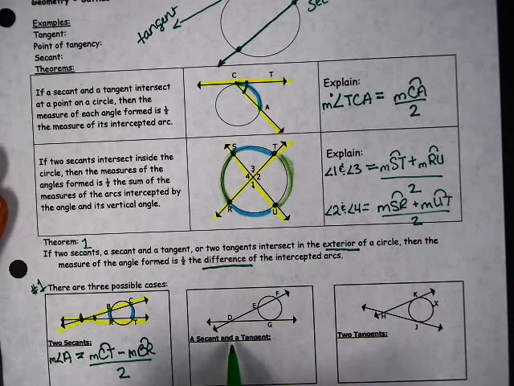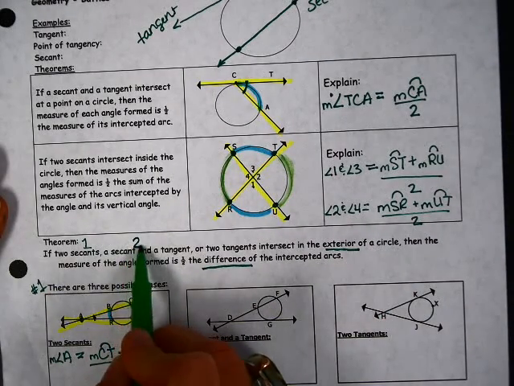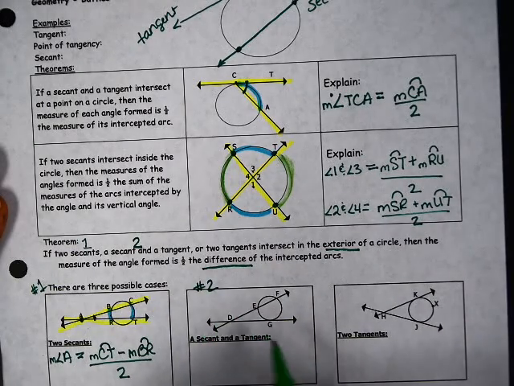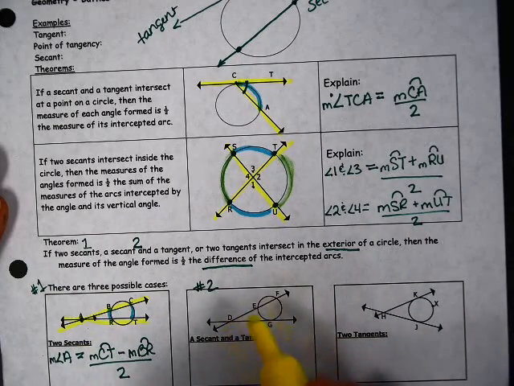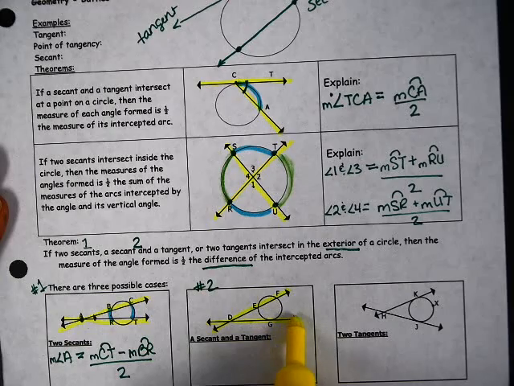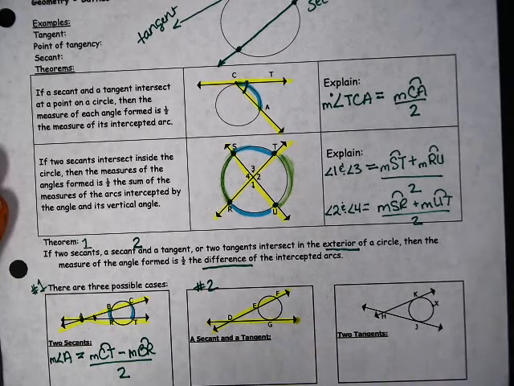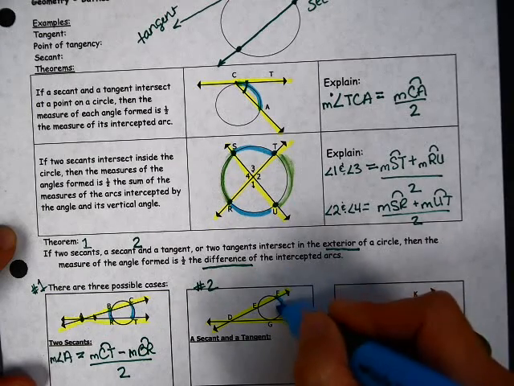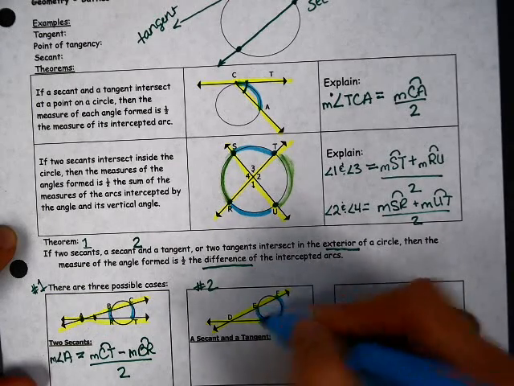Okay, a secant and a tangent, that's this scenario right here. So we've got a secant, which is DF, and a tangent, which is DG. All right, they intercept arc FG and EG.